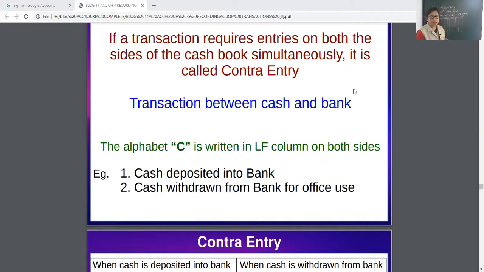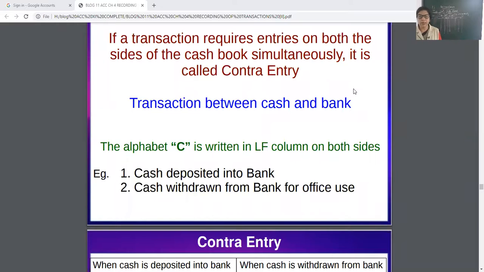It means the transaction held between cash and bank. I told you, in a 2-column cash book, 1 column is for cash, another is for bank. So if the transaction takes place between these 2 accounts, 2 columns will be used, cash and bank. Because 2 sides are to be used, that's why it is known as contra entry.